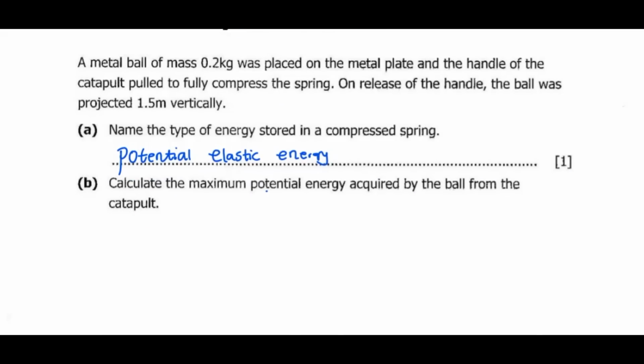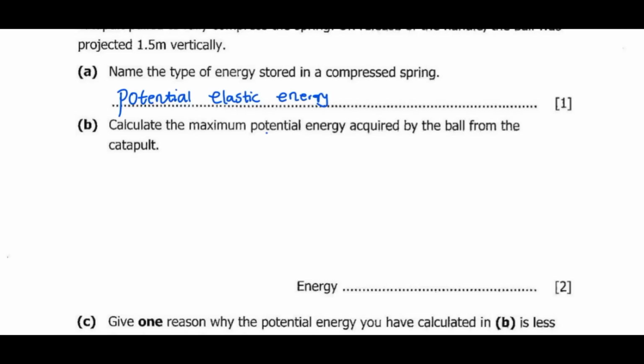Then we move on to question B. Calculate the maximum potential energy acquired by the ball from the catapult. So potential energy will be given by mass times gravity times height.